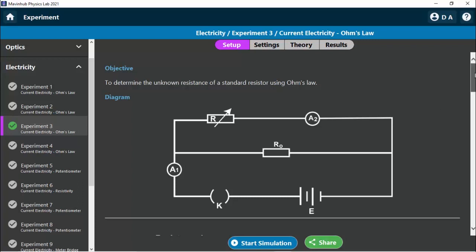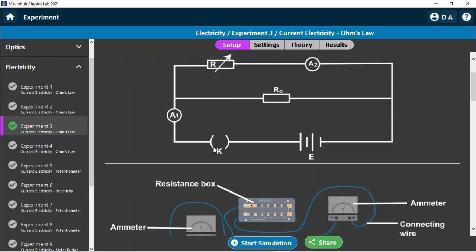Okay, now you are also going to be provided with a key and also batteries. And the batteries will have a total e.m.f of 3 volts. So these are the things that will be provided to you.